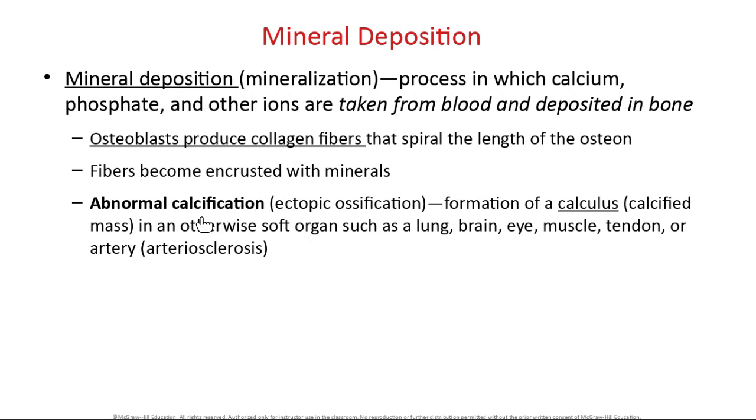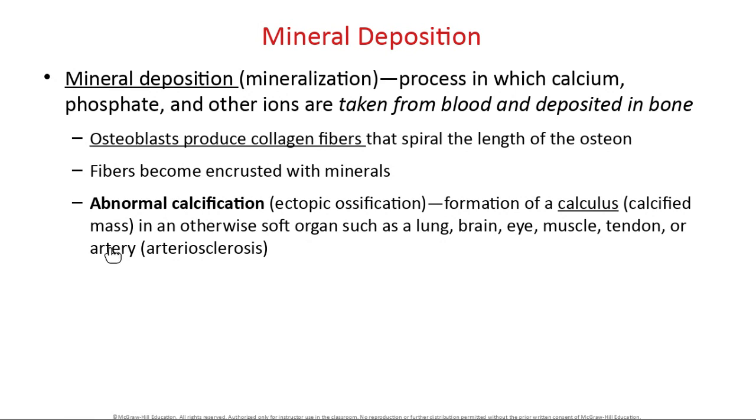Now you can have something called abnormal calcification or ectopic ossification. And this is referring to when we have calcification occurring somewhere else outside of the bone, somewhere else in the body, such as a soft organ, like the lung, brain, eye, muscle, tendon, or artery, and not just these places.